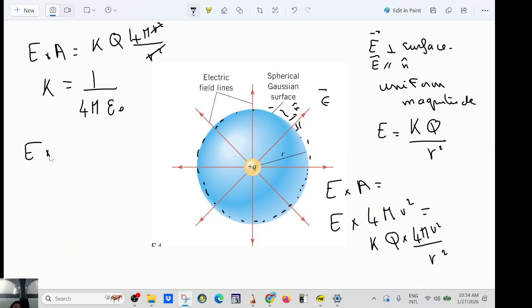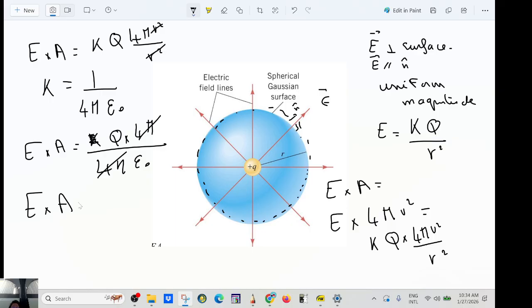So E times A is going to be Q over epsilon 0. There is no more K here. So E times the area will be Q inside the bag, which is imaginary. It's called the Gaussian surface.